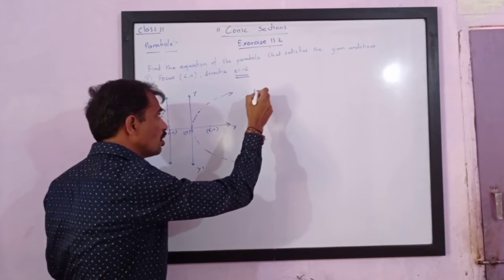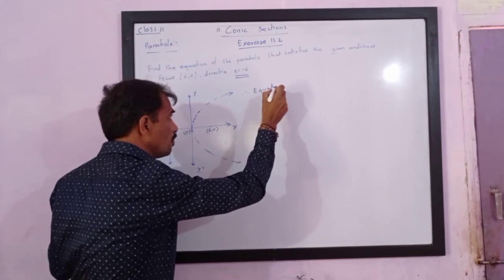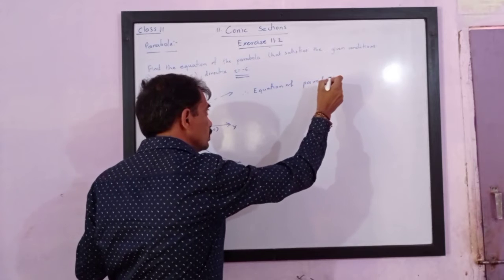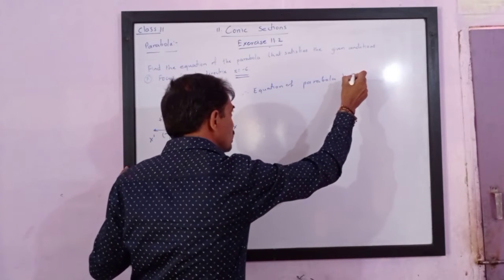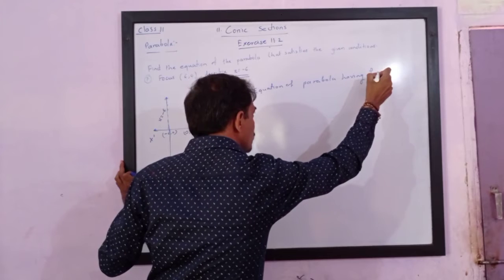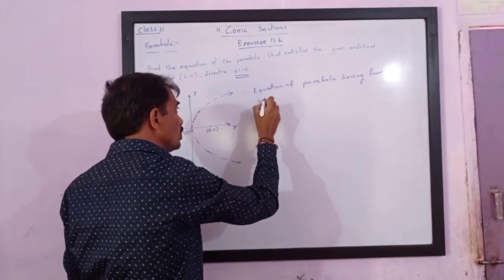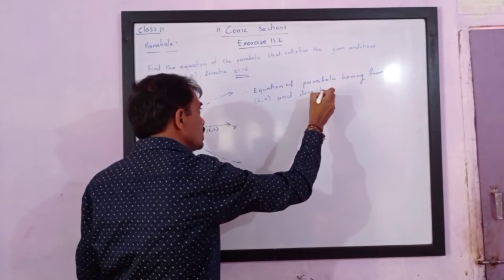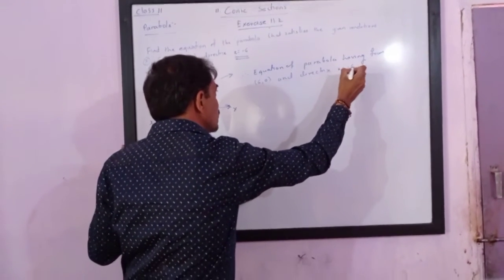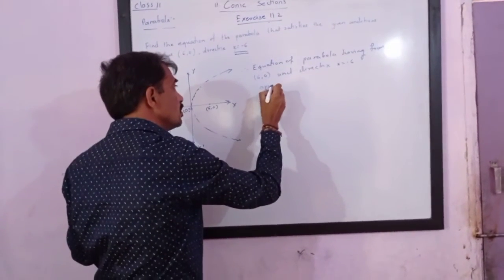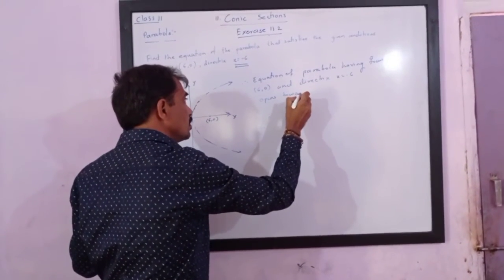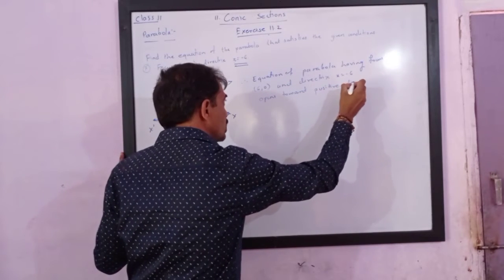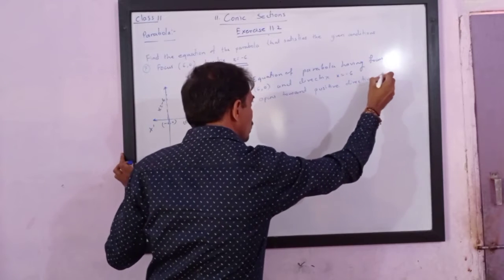Therefore the equation of parabola having focus 6, 0 and directrix x equal to minus 6 opens towards the positive direction of x axis.